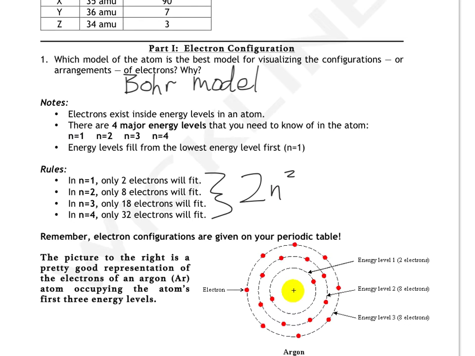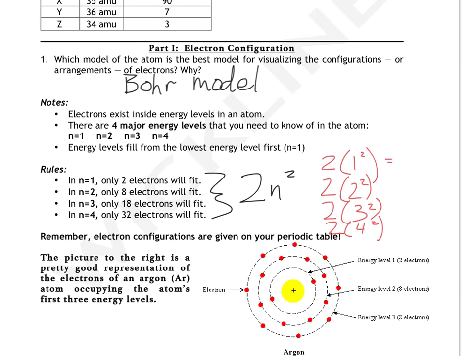So if you have n1, n2, n3, n4, you just take that number and you plug it in for n. So in n1, you're basically performing the following operation: 2 times 1 squared. In n2, you're doing 2 times 2 squared. In n3, it's 2 times 3 squared. And in n4, 2 times 4 squared.